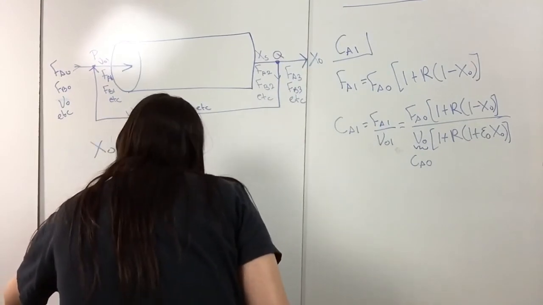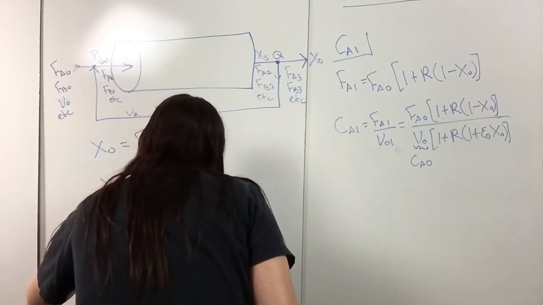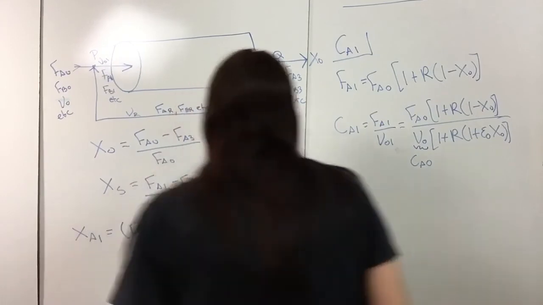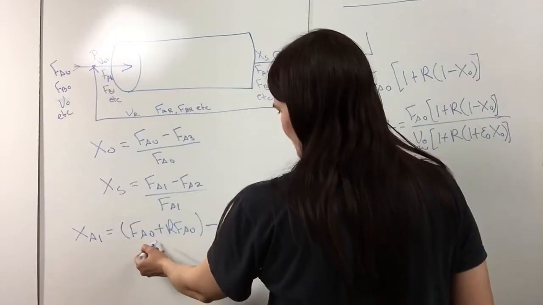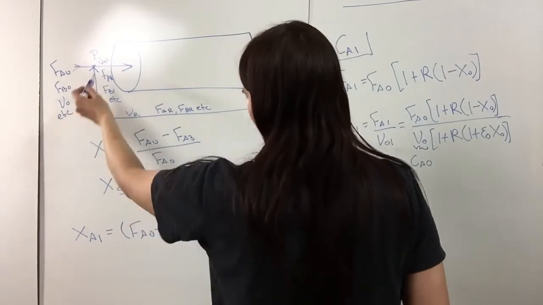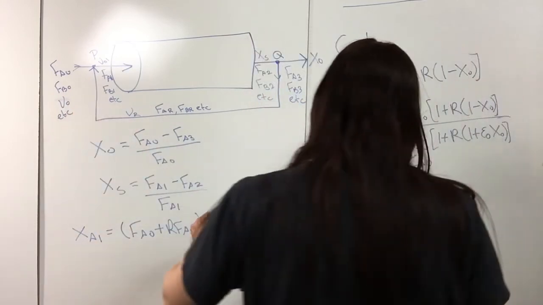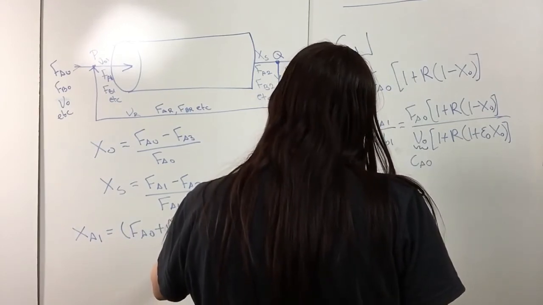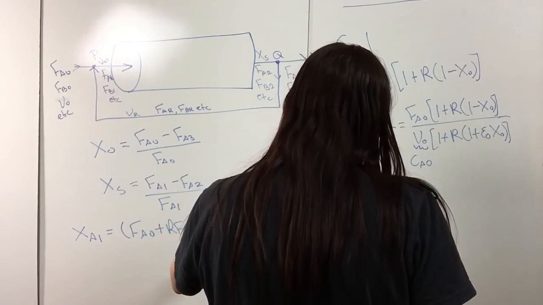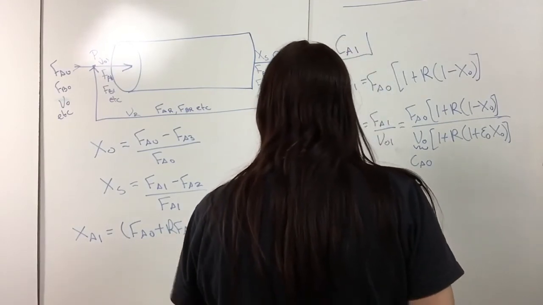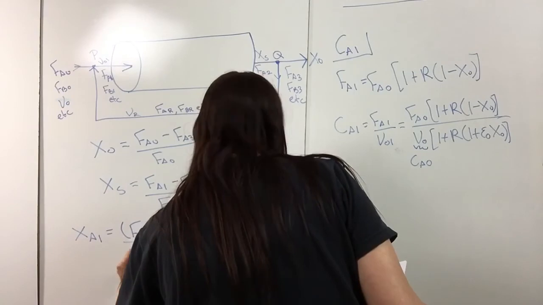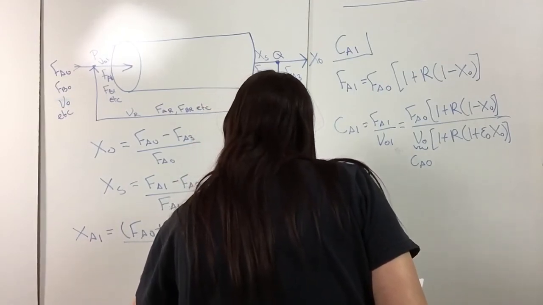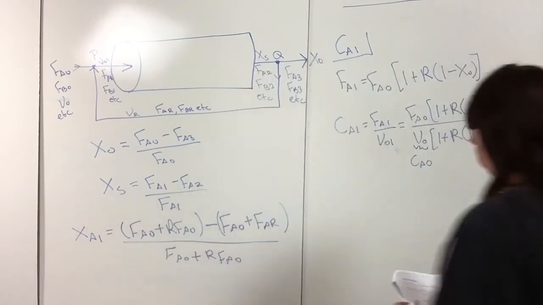So for XA1, this is Fa naught plus R Fa naught. So this is what's in the feed plus what hasn't been converted that's coming back, minus Fa naught plus FAR over Fa naught plus R Fa naught.